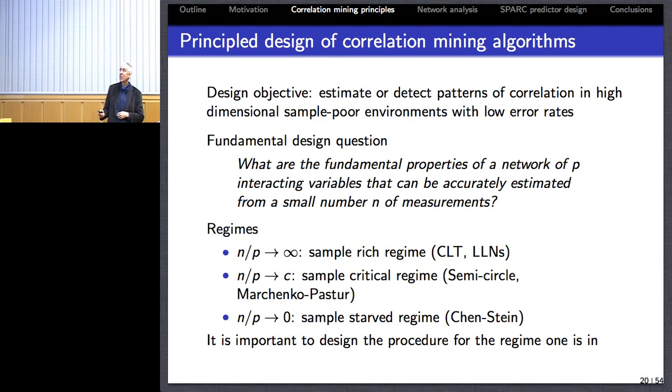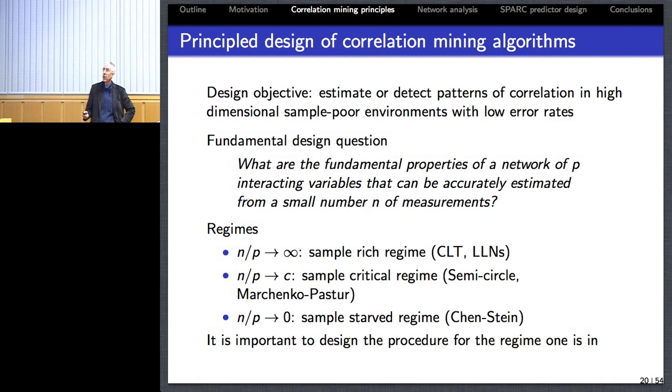The standard central limit theorem, law of large numbers, is the classical statistics that we learn, which says that you've got to have N increasing faster than P, right? You've got to have many more samples than variables in order to be able to compute p-values, to use the central limit theorem to perform hypothesis testing with reliable uncertainty quantification.